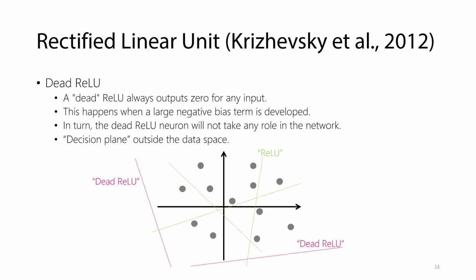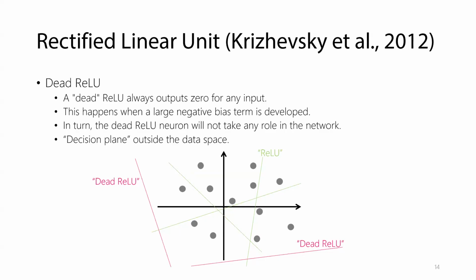But look at this guy over here. Let's say this part over here, for this neuron, this region is the positive region, and that region is the negative region. Let's assume. When that happens, none of these data points are going to give gradient to this line, which means this line will not be able to adjust itself anymore.